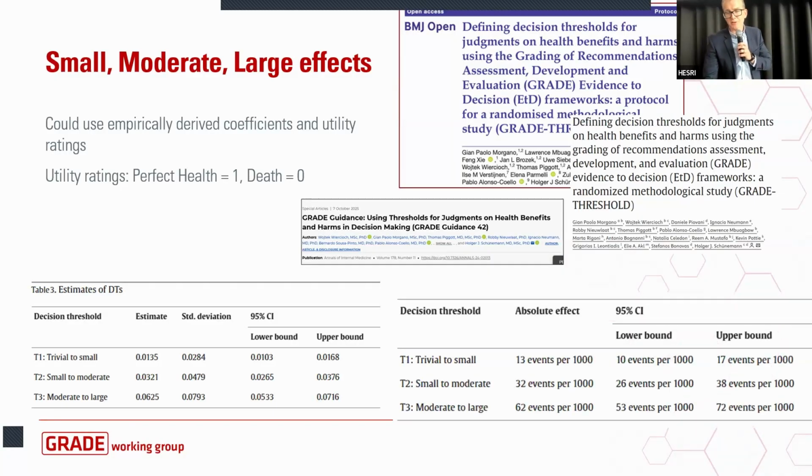Essentially, what they correspond to when you have a disutility of 1, so 1 minus the utility, is that you would be looking at 13 events per 1,000 for the small threshold, 32 events per 1,000 for the moderate threshold, and 62 events per 1,000 for the large threshold. So that's obviously looking at how many deaths per 1,000 you would consider extra deaths or reduced deaths as a small, moderate, or large effect.